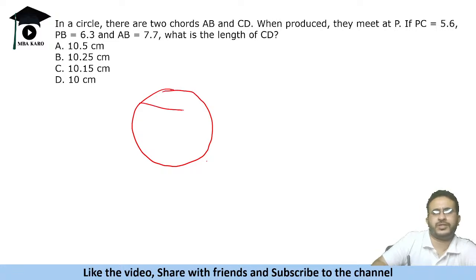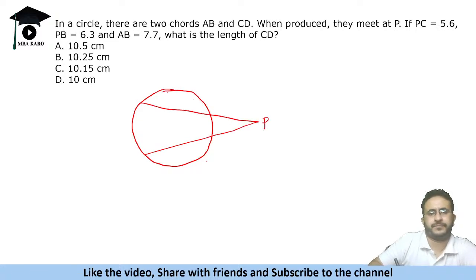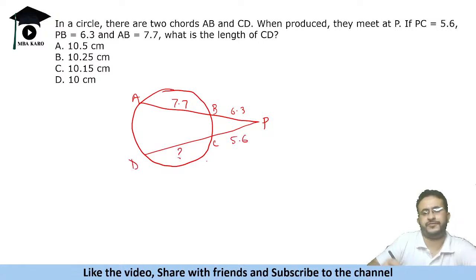When they are produced outside they meet at P. PB is equal to 6.3, AB is 7.7, PC is 5.6. You need to find the value of CD.